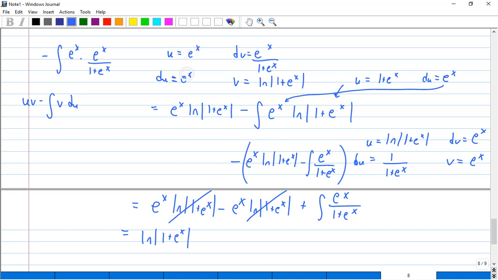All right, so I have u, du, dv, and v. U times v minus the integral of v du. And then from that, I have this minus. So I would just be able to multiply whatever I get times that at the end.